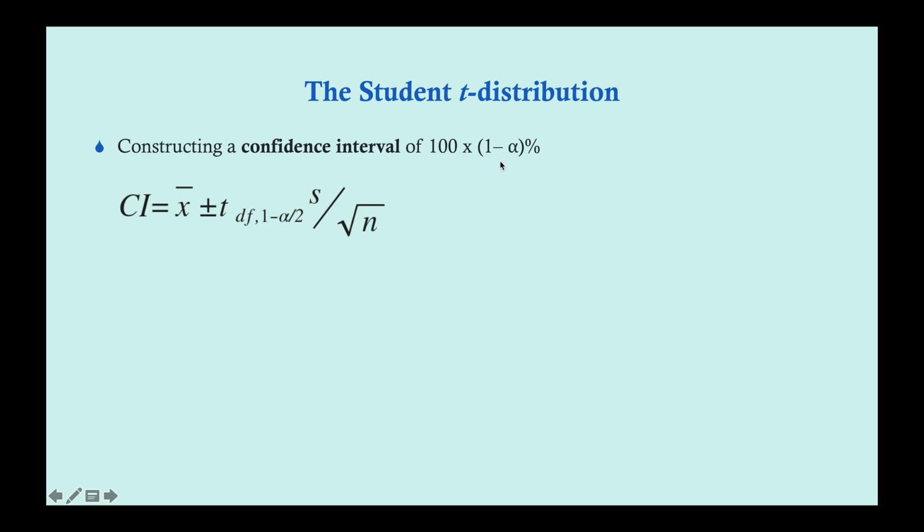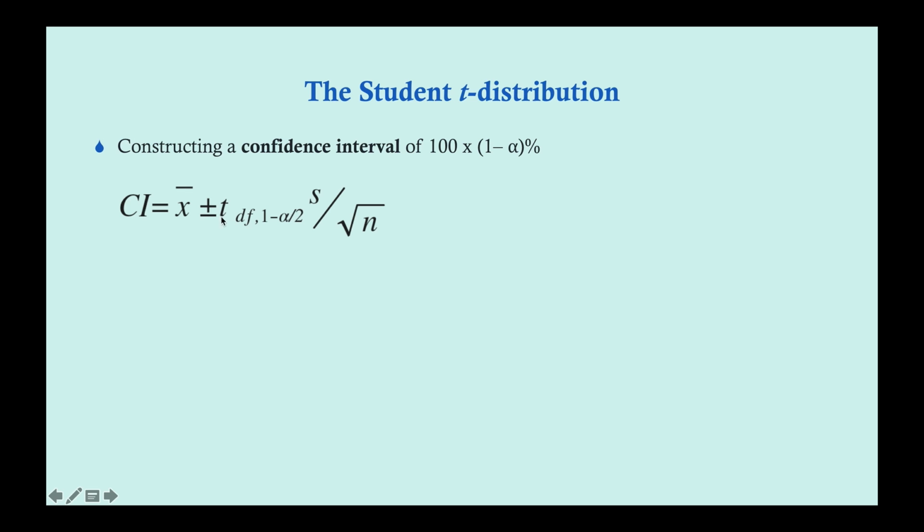So let's say that you want a 95% confidence interval. If you want a 95% confidence interval, then what's your alpha going to be set to? Well, 0.05, because you want 95%. So you want this value in the parentheses to be 0.95 so that you get 95%.